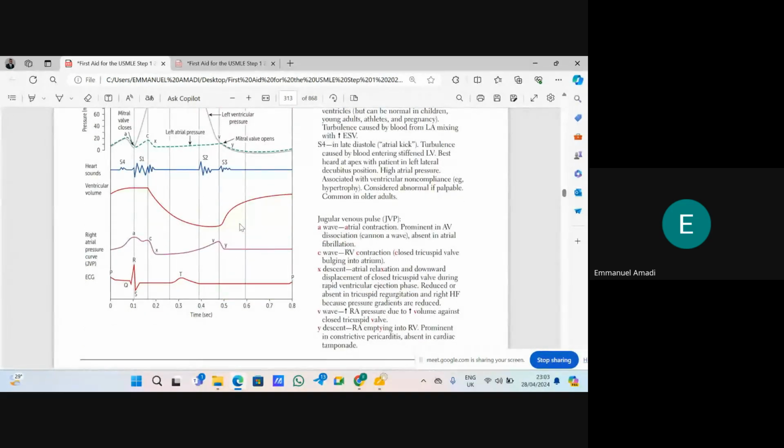Now, when you look at the next, the next is the one we call the atrial pressure tracing. A lot of people don't like the atrial pressure tracing, but I'm going to talk about it. We're going to look at it, and then we'll definitely talk about it classically.